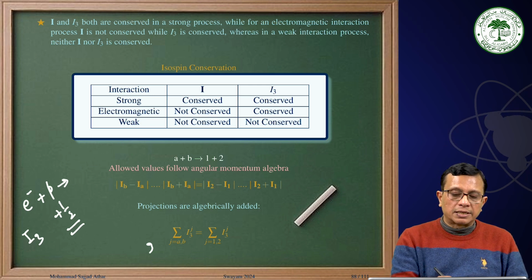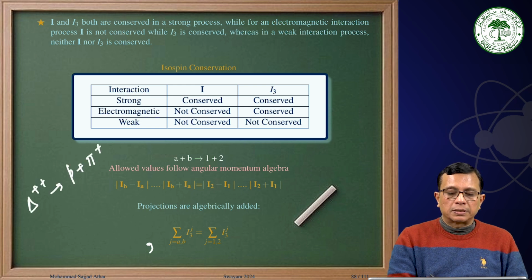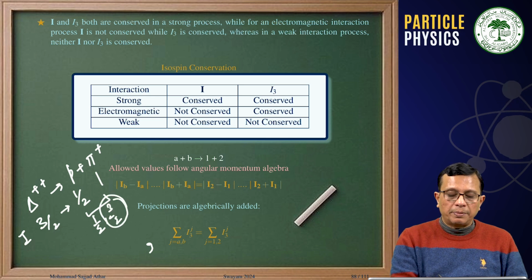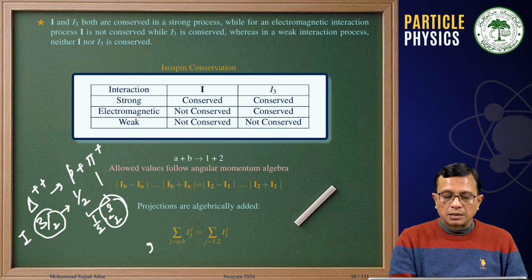Let us take another example where we have delta plus plus decaying into proton plus pi plus. Now I is 3 by 2. This is half. This is 1. Again, 1 and half can give you half and 3 by 2. Notice that 3 by 2 is here and 3 by 2 is here. Therefore, I is conserved.